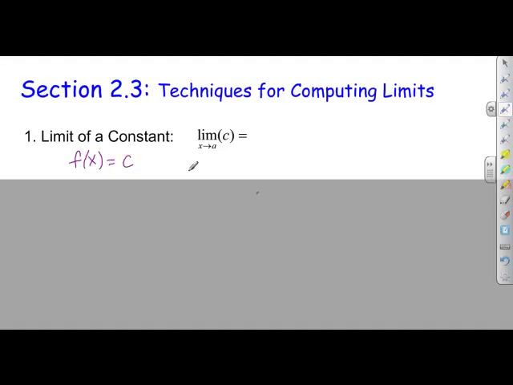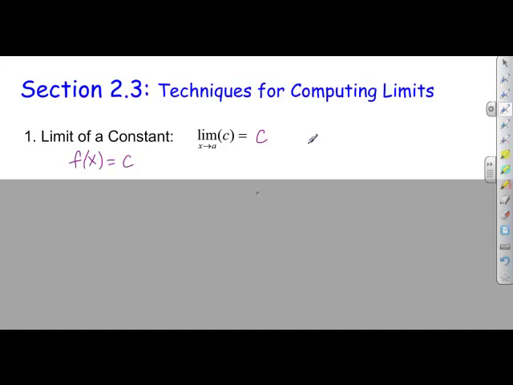And if we are considering a limit as x approaches a of this function, I hope it wouldn't be too much of a stretch to recognize that the function value is getting closer to c as x gets closer to a, because f of x is equal to this number c no matter what value of x we plug in. So if we substitute numbers closer and closer to the value a, all of our y values are going to be c. So the limit of a constant is the constant.